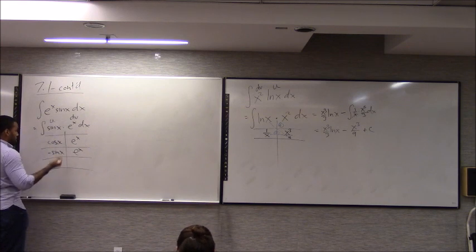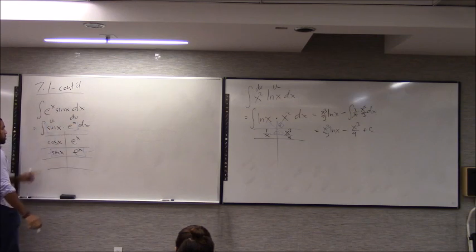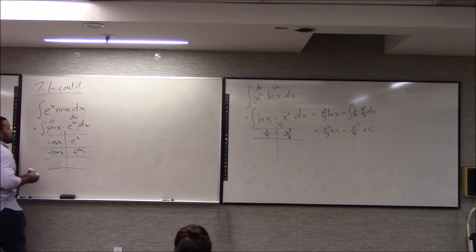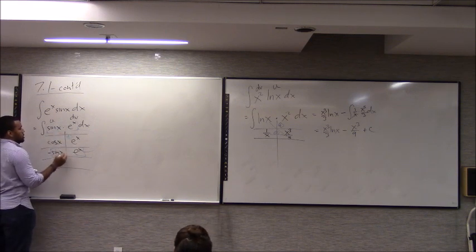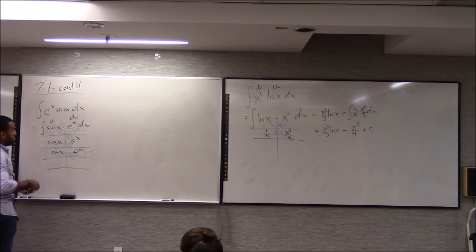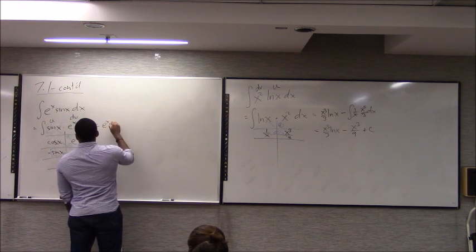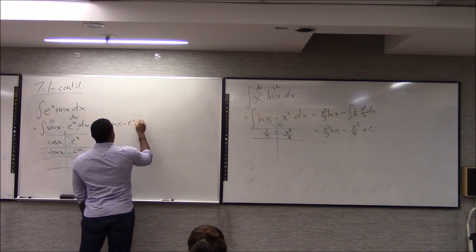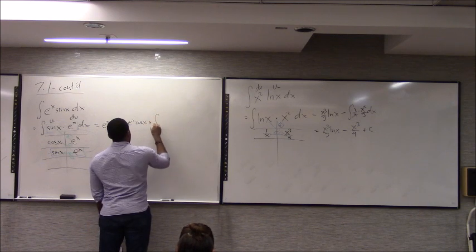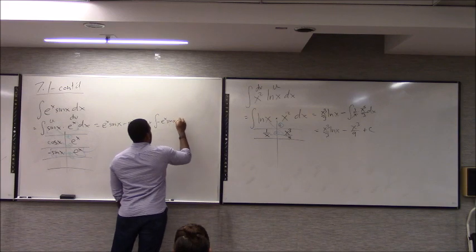And then I notice that, hey, this guy here is exactly the same as that guy there, of course with a minus sign. But in either case, I'm going to stop. So it's going to be this times this plus this times this minus that times that plus, but this one gets an integral sign on it once you go back that way. And so we end up having this equals e to the x sine x minus e to the x cosine x plus the integral of minus e to the x sine x dx.